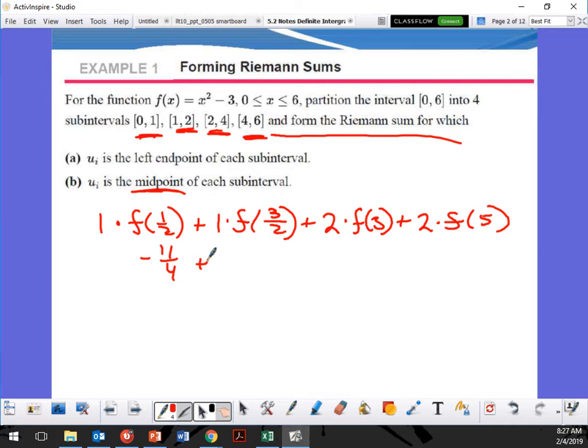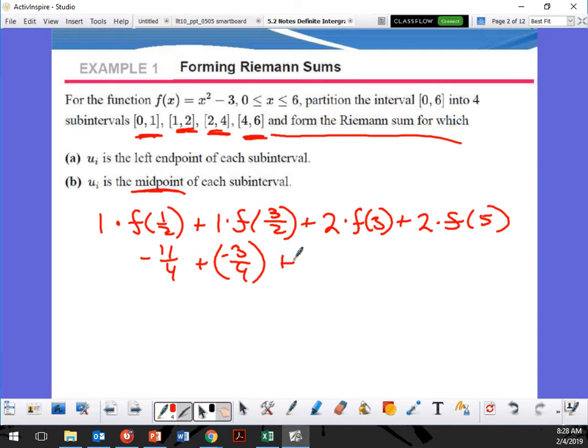Plus f of 3/2, which is going to be negative 9/4, right? Minus negative 3/4. Yep. All right.